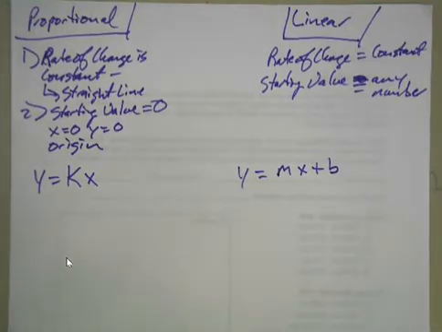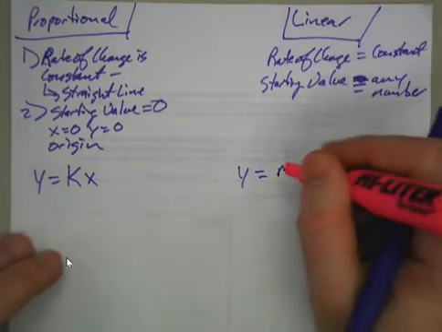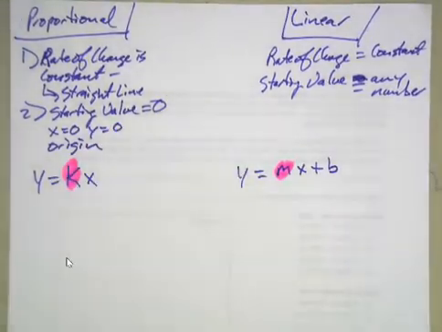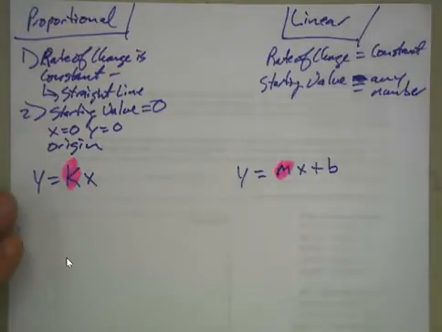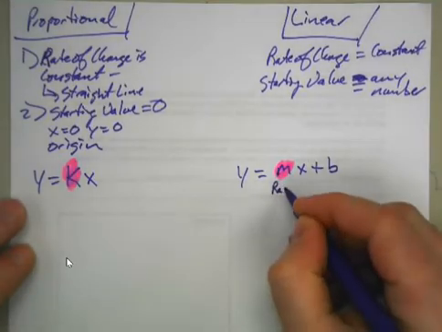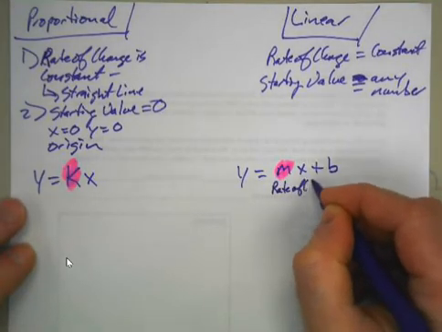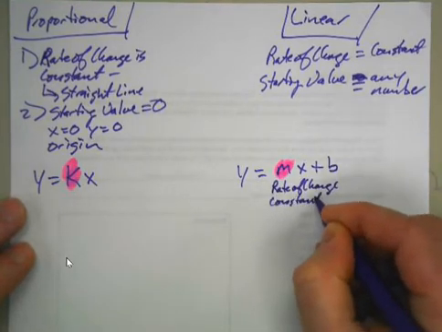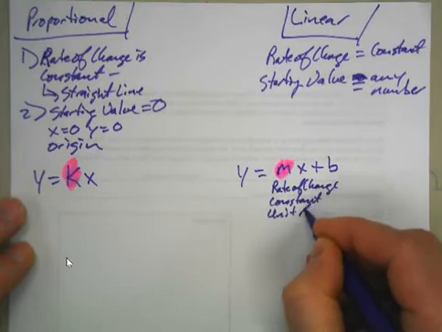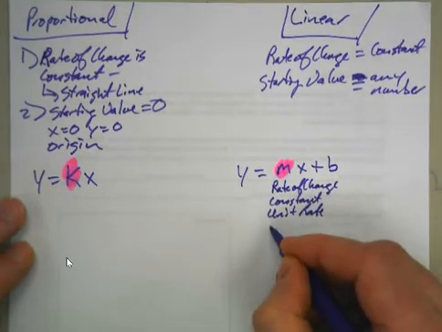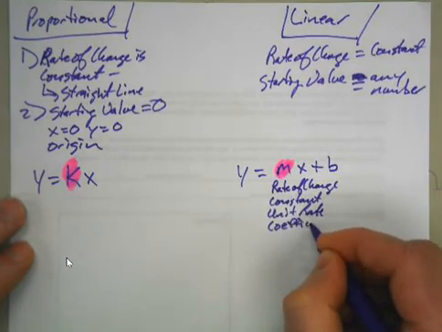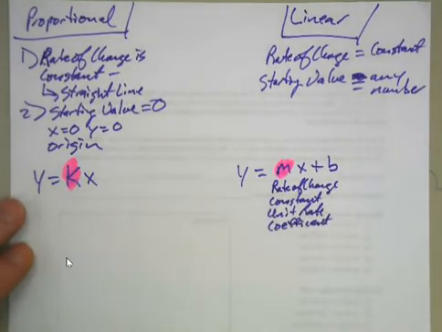One of the things I want you to realize is that m and k are actually the same thing. M is going to be your rate of change. It's going to be your constant. It's going to be your unit rate. It's going to be your coefficient, which is the number attached to the variable.